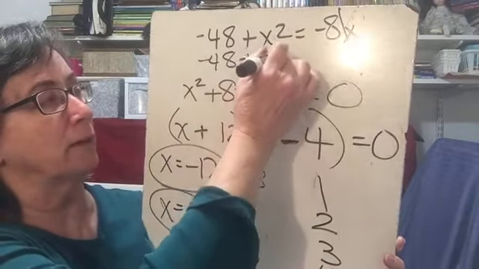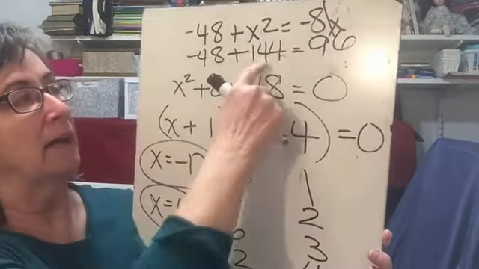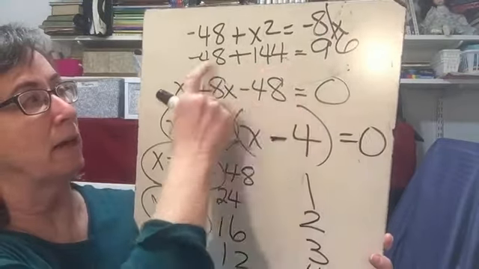And negative 8 times a negative 12 is a positive 96. And 144 minus 48, is that equal to 96? Well, I know that 14 take away 8 is 6, and 13 take away 4 is 9, and that works. So we have checked this one.